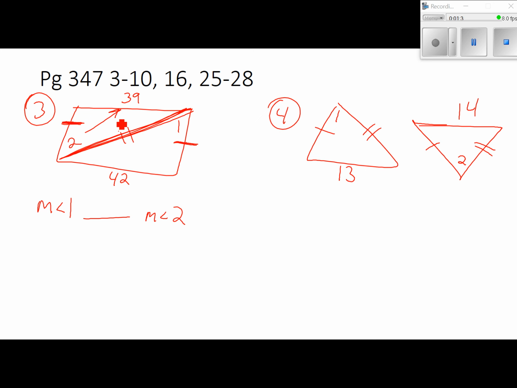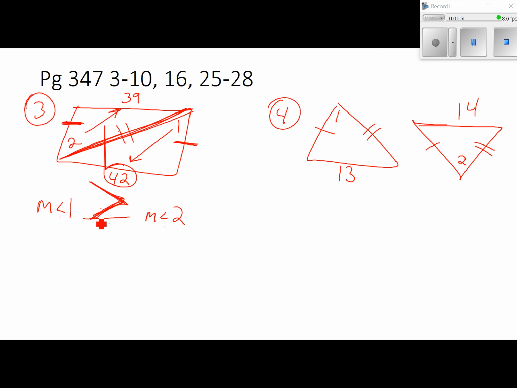Angle 2 is across from the 39 length side, and angle 1's across from the 42 side. Well, angle 1 then is across from the bigger side, so that means angle 1 has to be bigger, and then that means the symbol that goes in here is angle 1 has to be greater than angle 2. So it's going to be that alligator mouth.